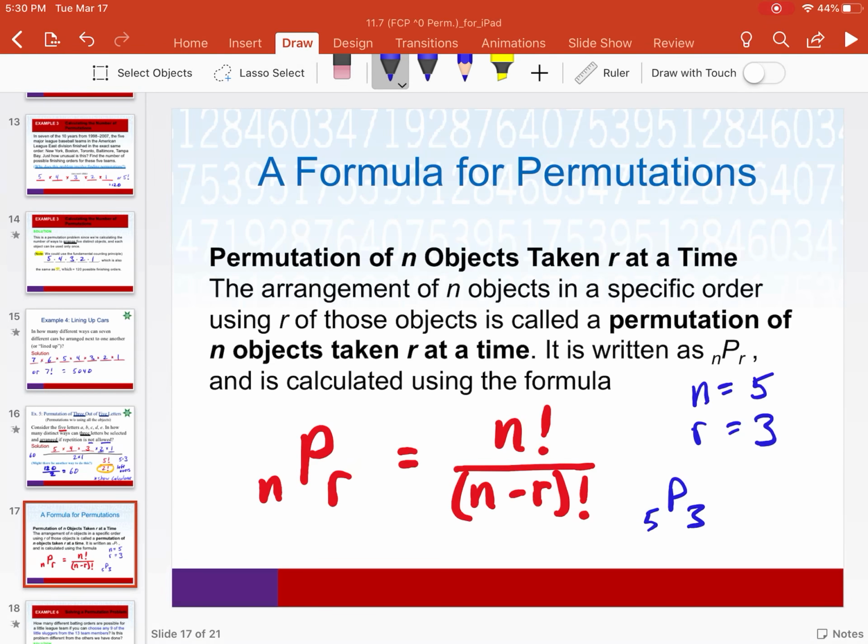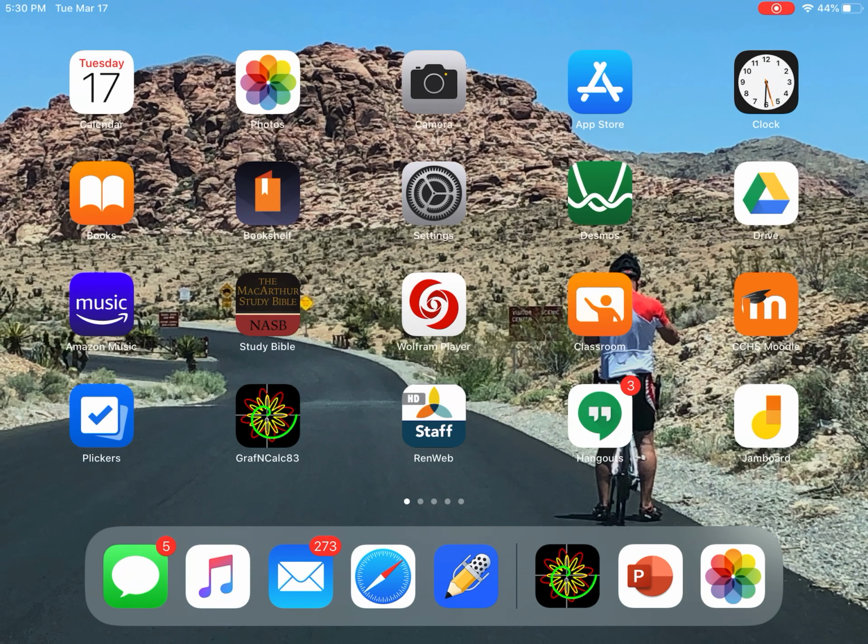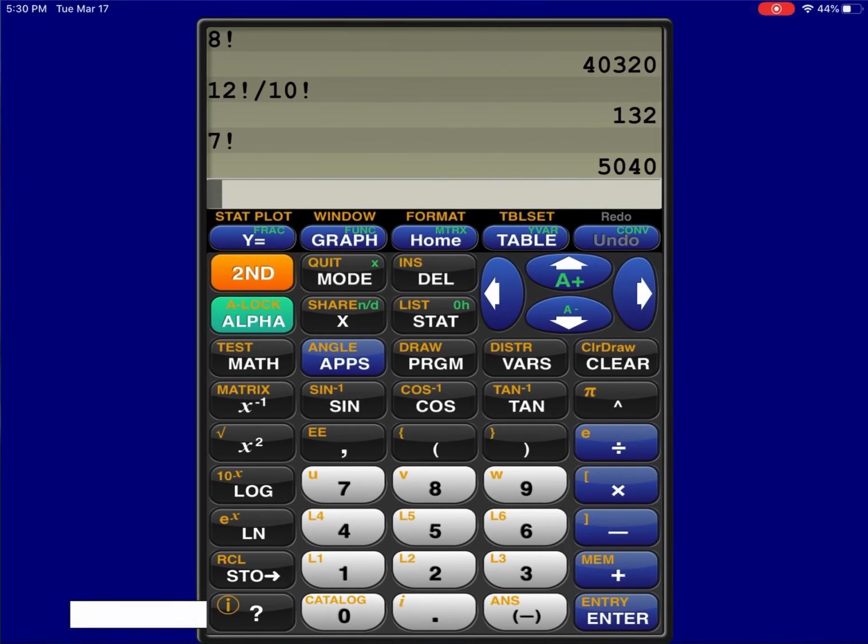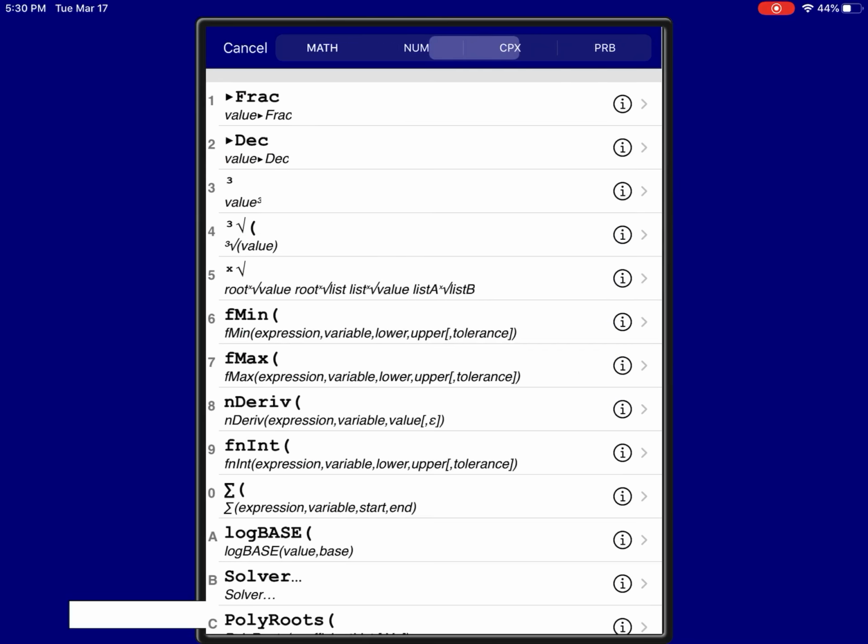And there is a button on your calculator. Okay? So get your calculator back out. Pause the video if you have to. But get the calculator back out and join me at your calculator, and we're going to figure out what 5P3 is. So it's going to be back under your probability menu.